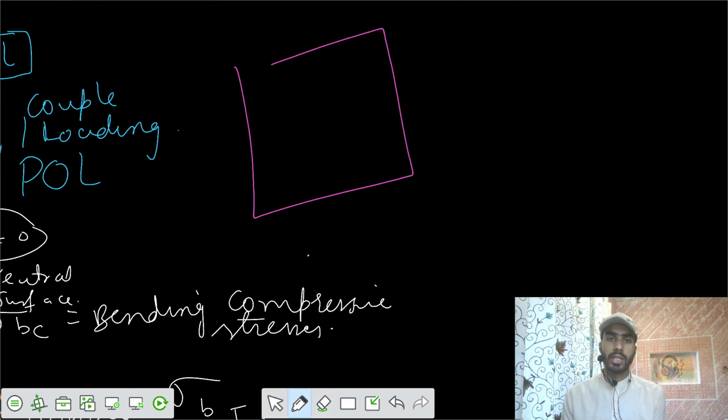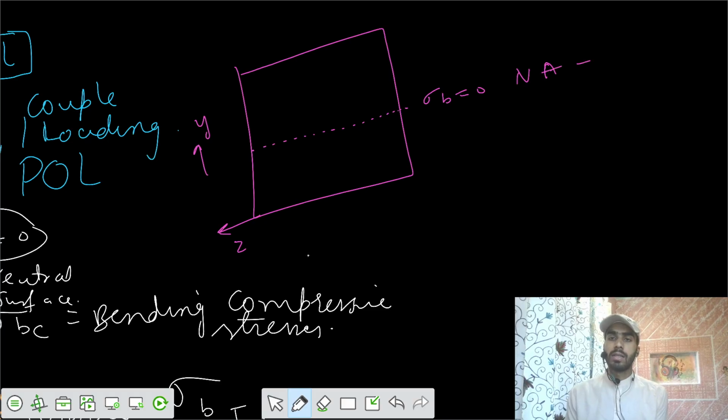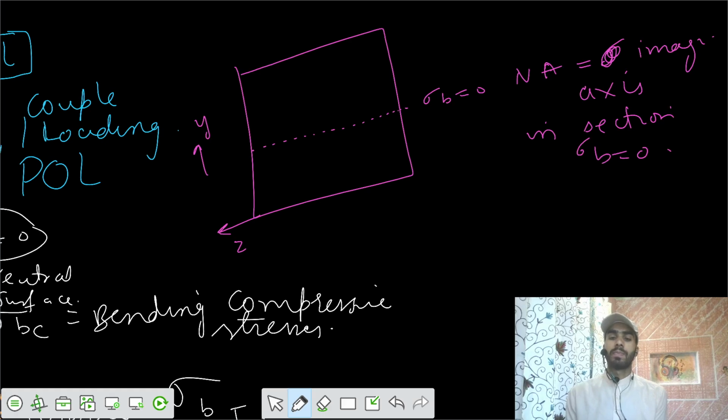Let's say this direction is z and this is y. There are some points on the section where the bending stress is 0. That imaginary axis developed in the section, where the bending stress is 0, is the neutral axis.